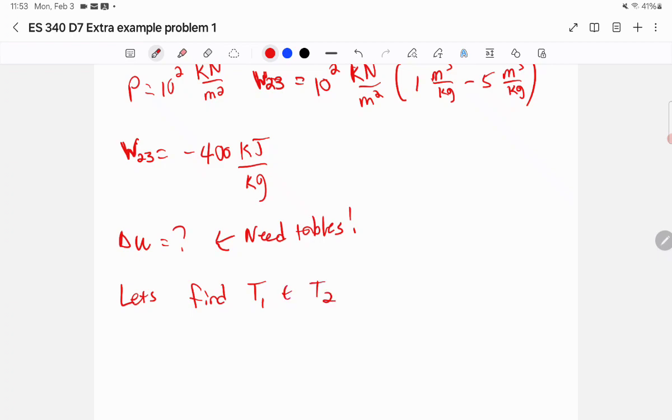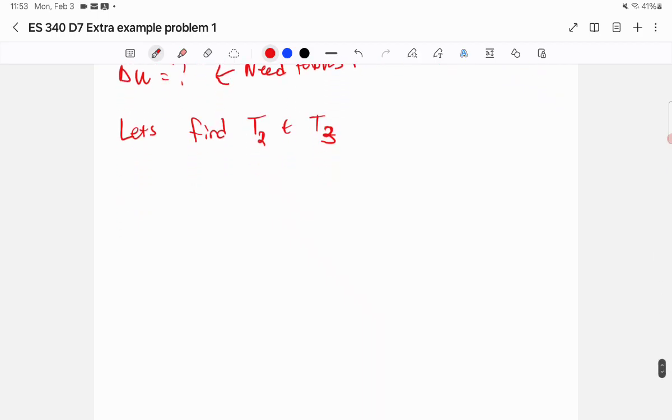Okay, so we don't know what the temperatures are. This should be T2 and T3. We don't know what the temperatures are, but we do know that it's an ideal gas. So we can use those facts to help us. So P2 V2 is equal to R T2, and P3 V3 is equal to R T3.